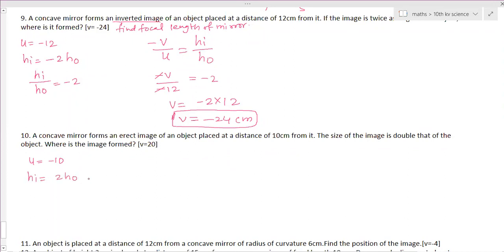Why minus? Okay, ma'am, it's plus because it's erect. Yes, it is plus 2HO. So method is same. HI by HO is equal to 2. Minus V by U is equal to HI by HO. Minus V by minus 10 is equal to 2. Minus cancel. V is equal to 20.